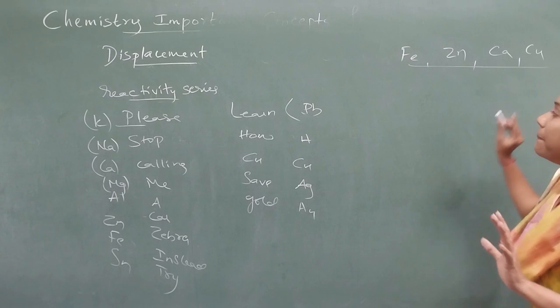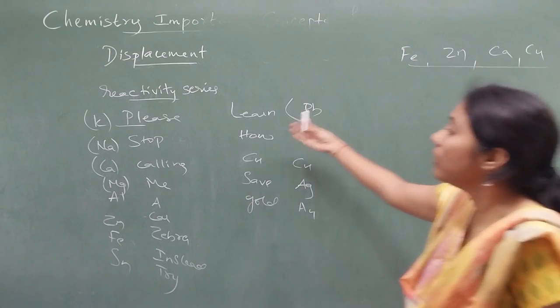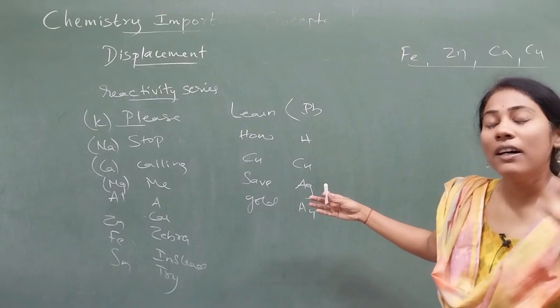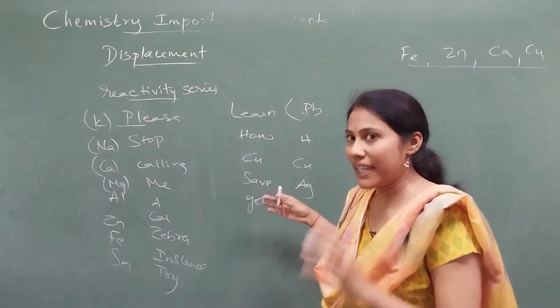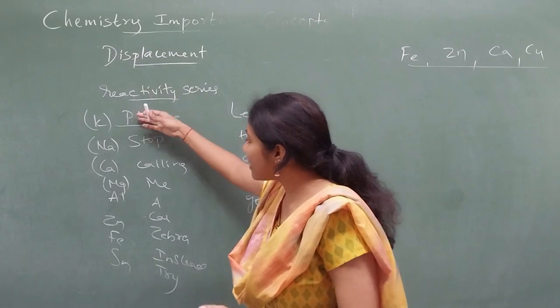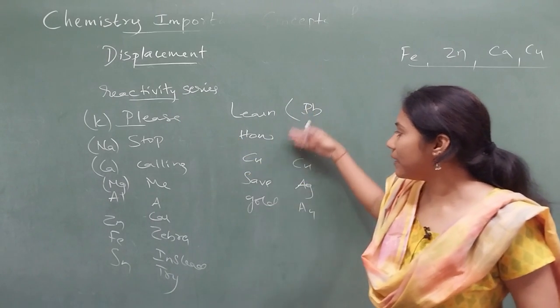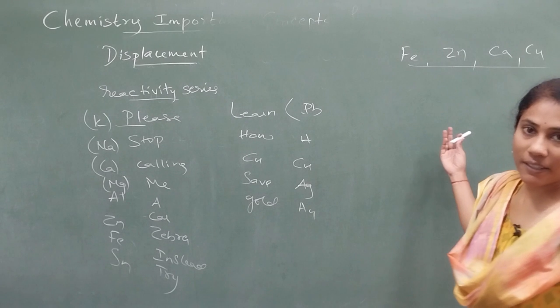So arrange them in the increasing order of their reactivity. You can always take help of this sentence. To a side of the answer sheet, you will be left with a space, no? In that space you just write this sentence. You no need to mug up the sequence, just remember this sentence. So you write and then you check out the answer.